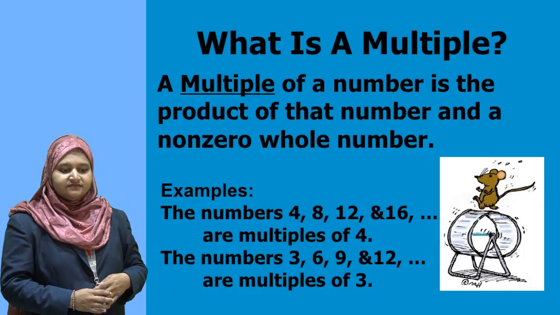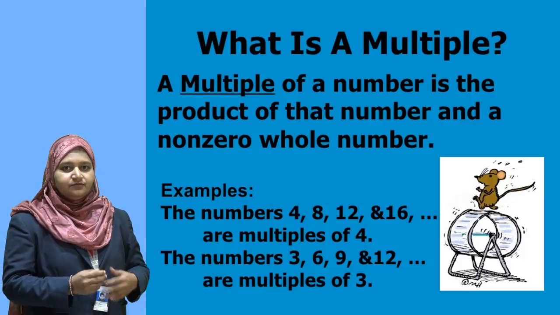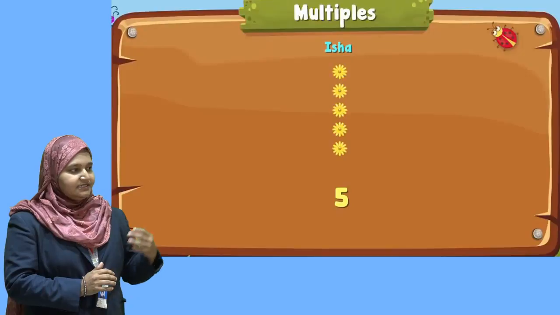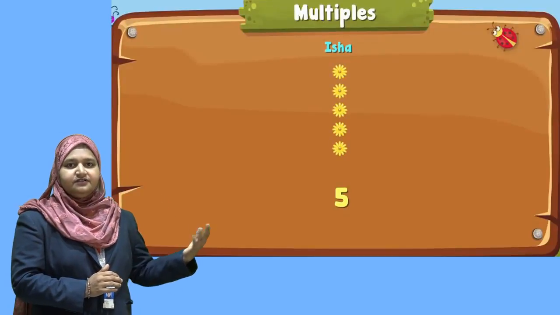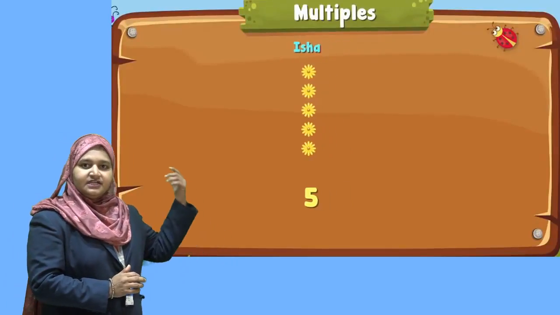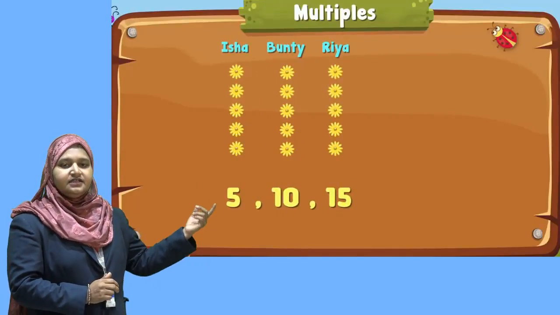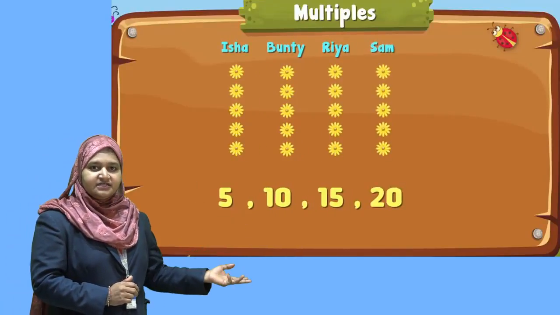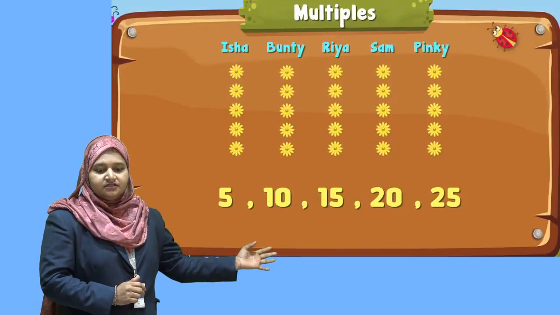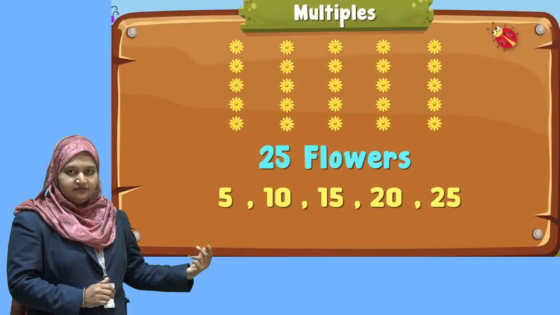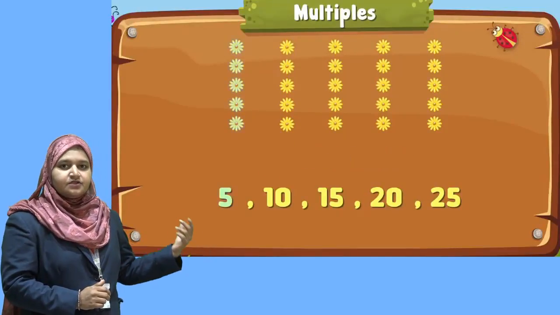So in this way, let us see some more details about multiples. For example, let us consider 5 friends who collected a few flowers. Isha has collected 5 flowers, Bunty has collected 5, Riya has collected 5, Sam has collected 5 and Pinky has collected 5 flowers. So total 25 flowers.